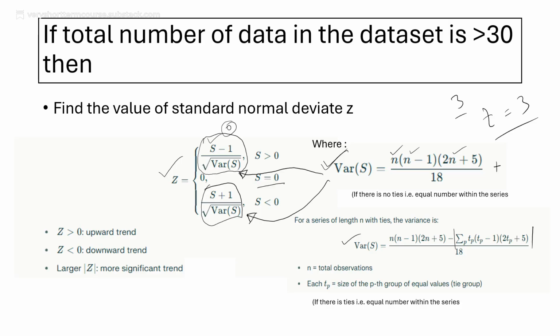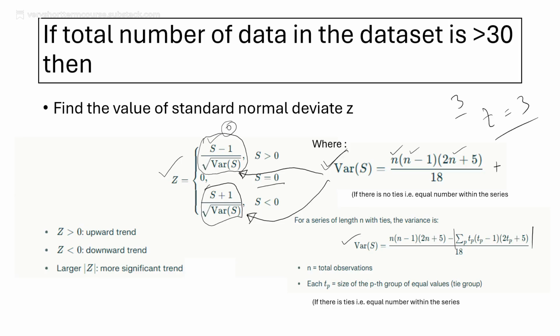And remember, after calculating Z, if you find a positive Z and it is more than your critical Z, then it implies an upward trend, and otherwise a downward trend. That is, if it is a negative Z, then it is a downward trend. Another point is when you will conclude that your data has a trend or not.